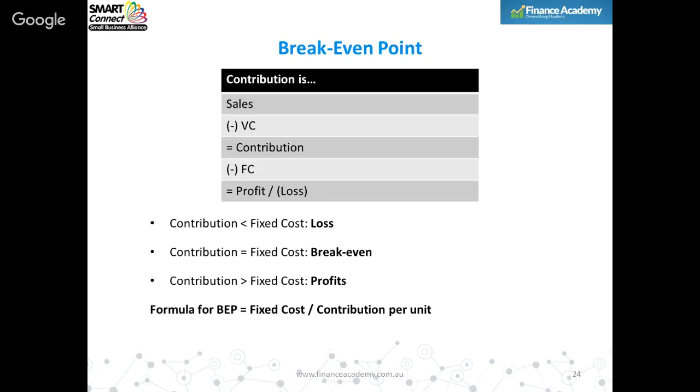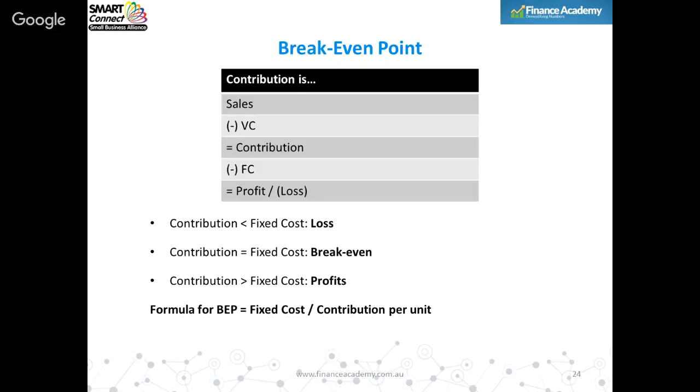The formula for break even point is total fixed costs divided by contribution per unit. This will help us to find out how much product we should be selling to break even.